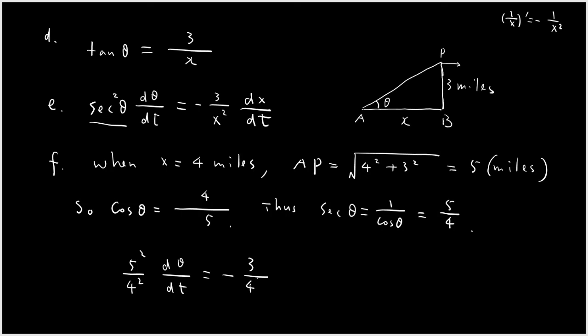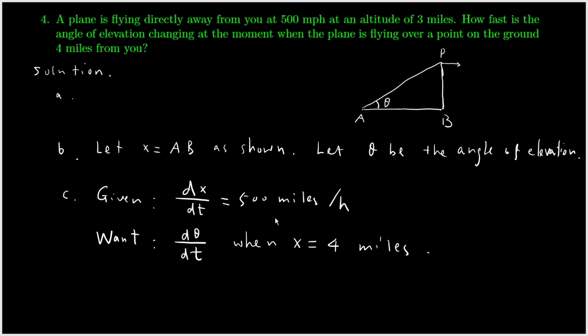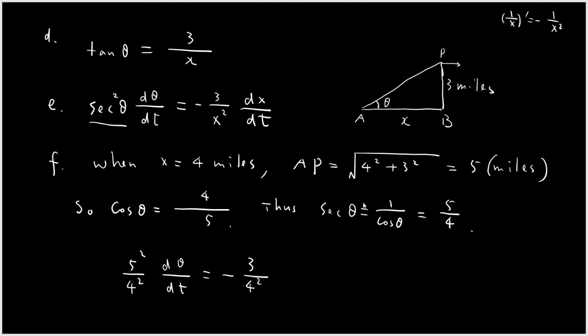So you have 4 squared, right? And then dx over dt is the rate of change of x. It's the speed the plane is flying. You see it's 500 miles per hour. We just replace dx over dt with 500.